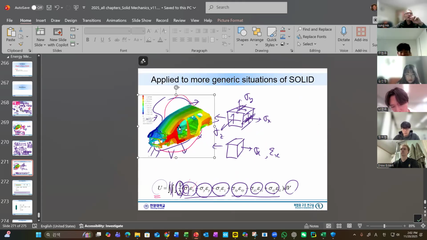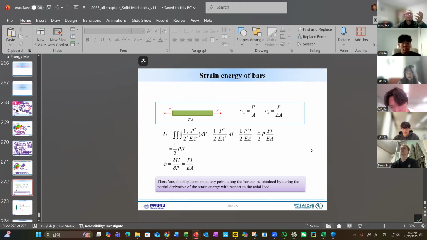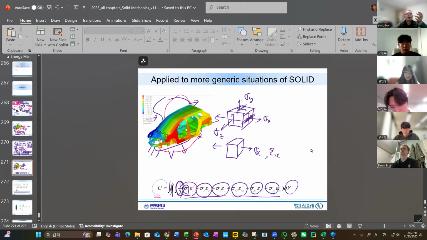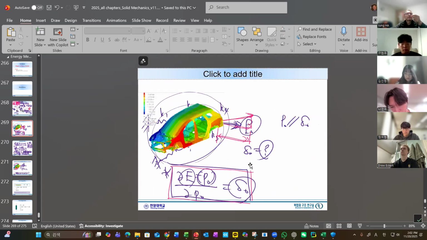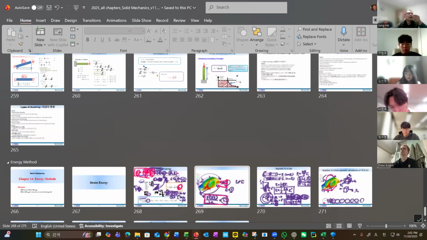This is an automotive structure applied to an impact or any load, and then all the deflection is shown as the contour like this. How can you solve that? Well, once we have energy, then we can solve it using this principle, and that's exactly what I meant.